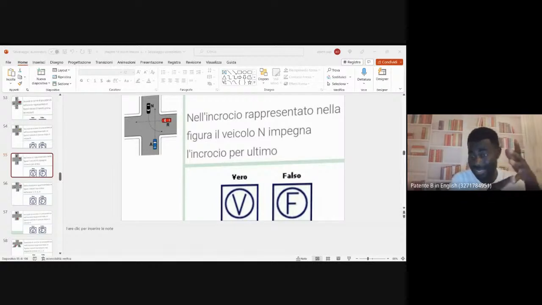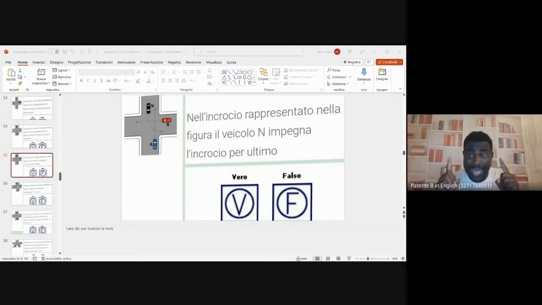If you see passa, transita, or attraversa, it means that that vehicle is going to cross or pass the junction. When you say impegna, it means you are only getting into the road. It doesn't mean that you are crossing or passing. You are engaging. You are getting into. So the answer to this question is false.